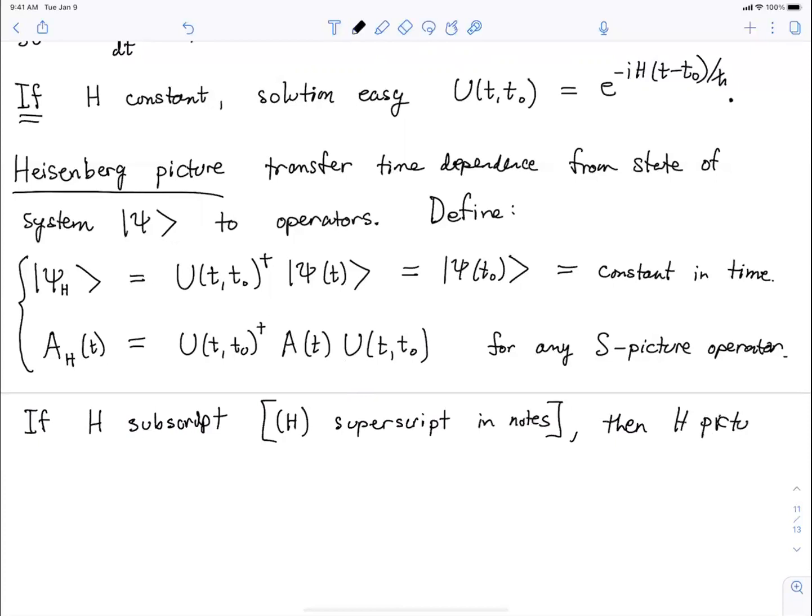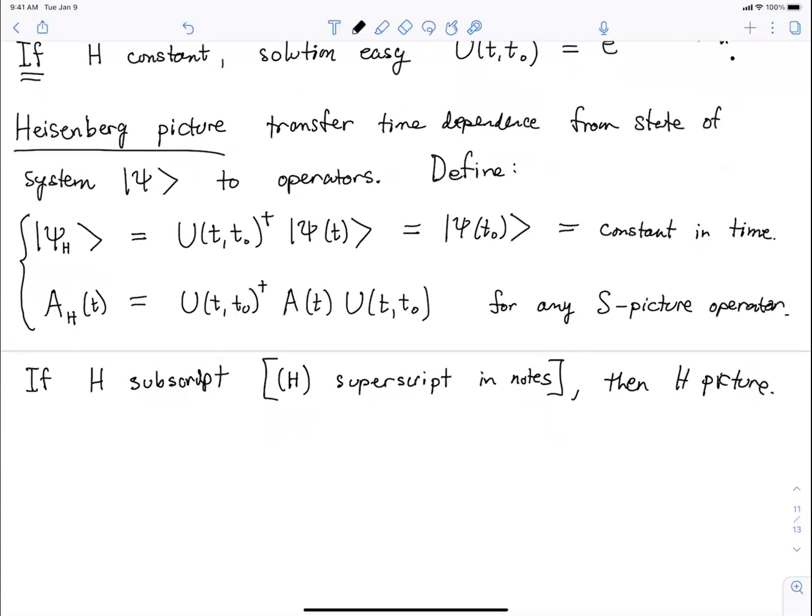And if I write a state or an operator without those, then you automatically assume it's the Schrodinger picture. Okay, so if no subscript, then it's the Schrodinger picture. So just going back up here, I wrote a state, I didn't put an H, therefore you assume it's Schrodinger. I wrote an operator, I didn't write an H subscript, so it's Schrodinger.